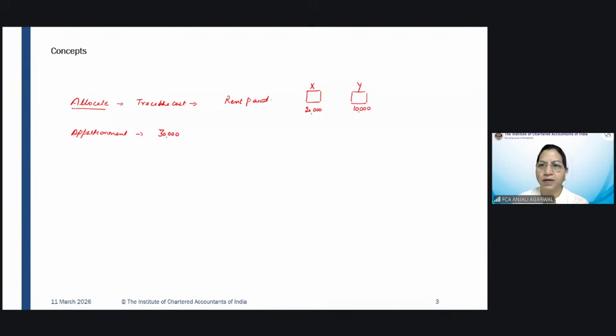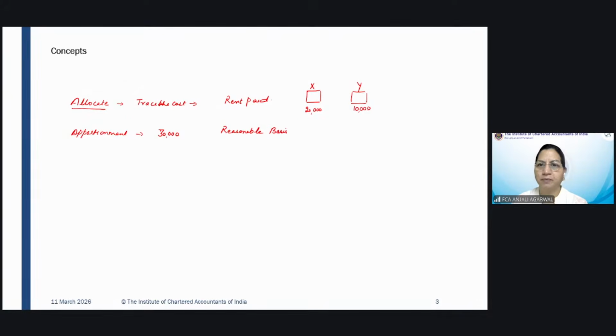However, if the total rent paid was 30,000, and it is to be borne by X and Y, two departments or two products or two cost objects, we will apportion it amongst X and Y on some reasonable basis. So we must take a reasonable base on which we will apportion the costs.